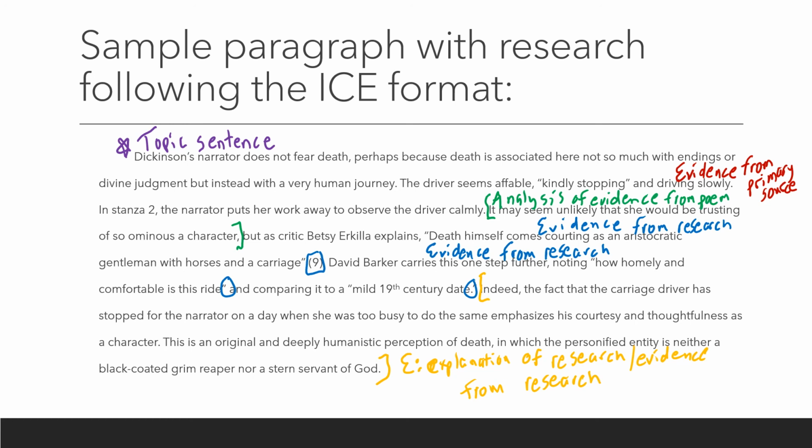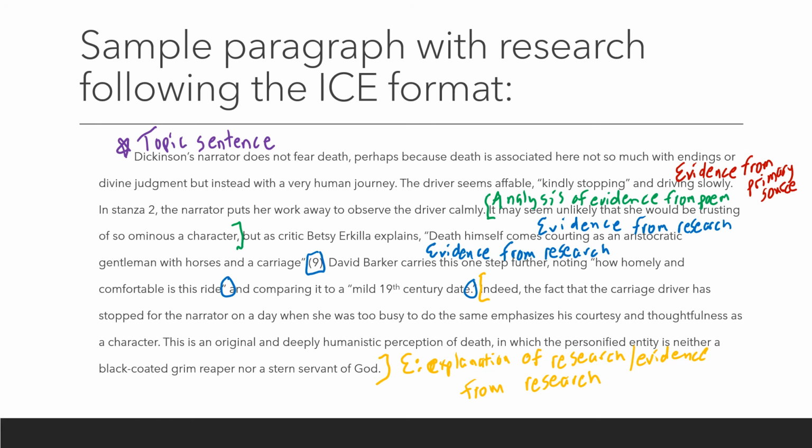So this orange explanation is the same as the green explanation, except one is analyzing the poem and one is analyzing the research. And the evidence from the primary source in red is the same as the evidence from the research in blue, except one is finding evidence from the poem and one is finding evidence from research.